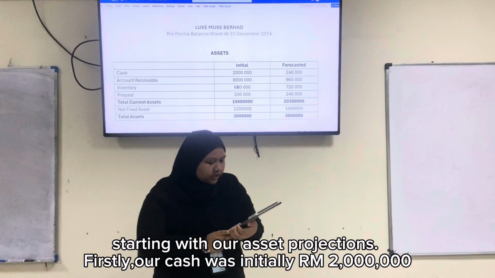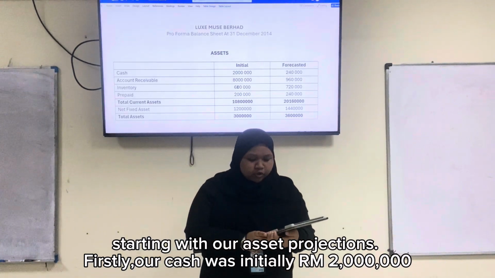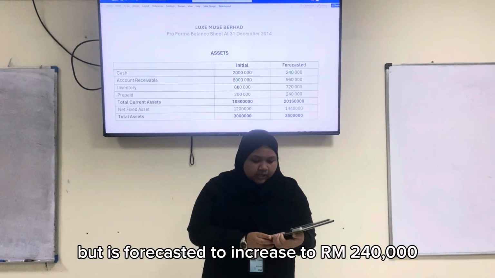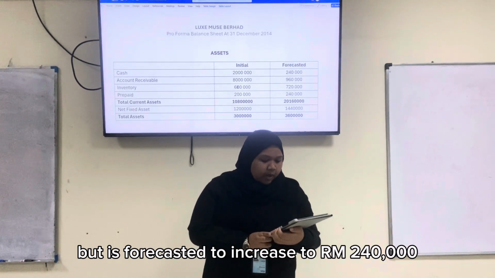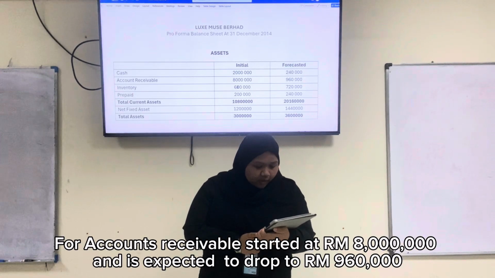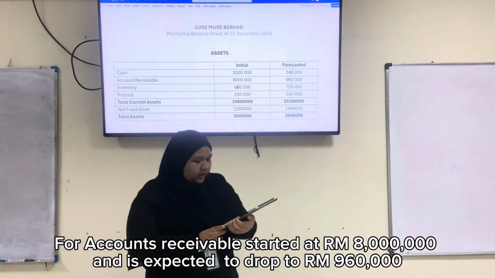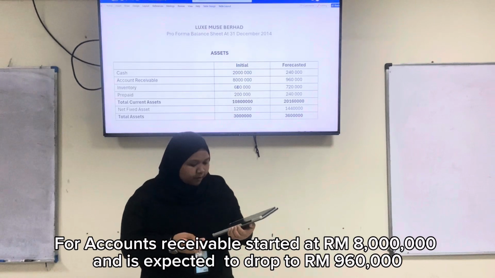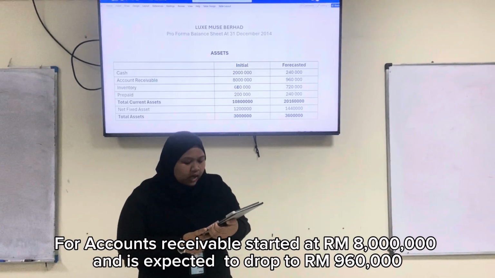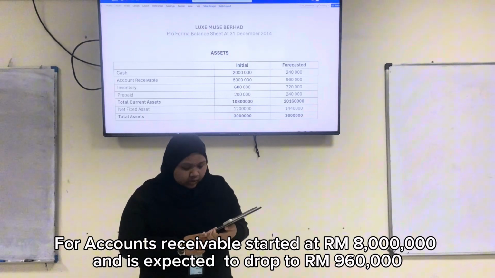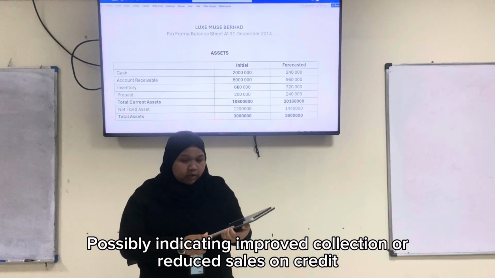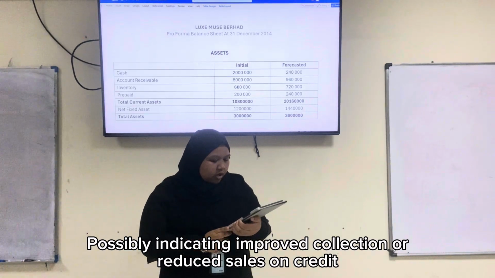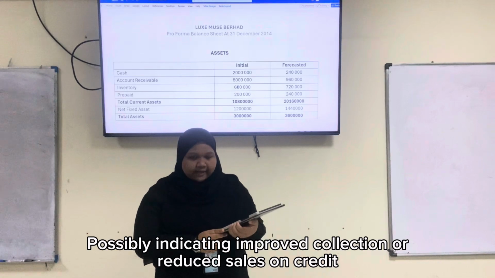Firstly, our cash was initially 2 million, but it is forecasted to decrease to 214,000. Accounts receivable, starting from 800,000, is projected to drop to 916,000, possibly indicating credit improvement, collection, or reduced sales on credit.